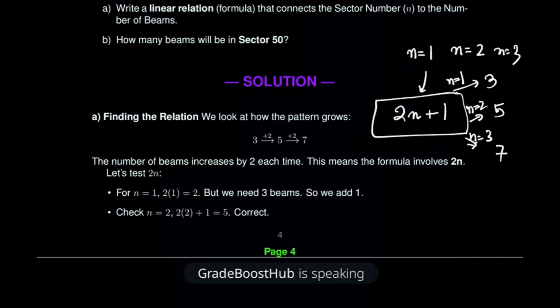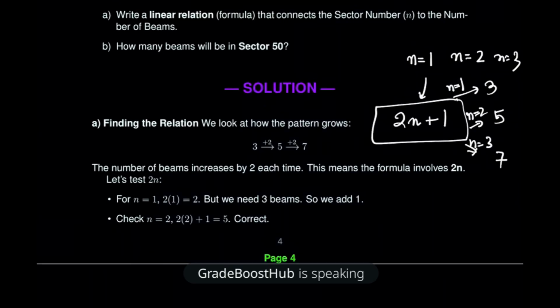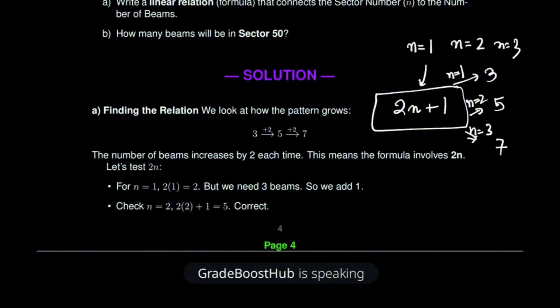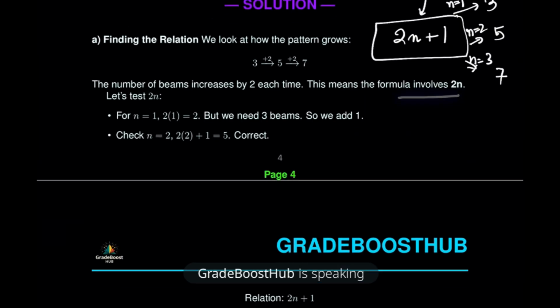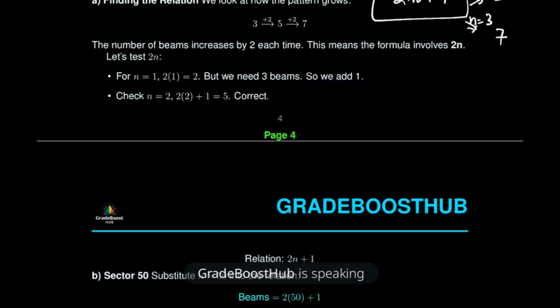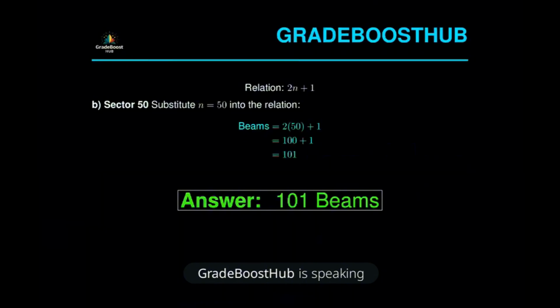So this is how we form the linear relation between the sector number and the number of beams. The number of beams is increasing by 2 each time. This means the formula involves 2n, and then we add 1 to reach the number of beams. So we form the relation 2n plus 1, right?